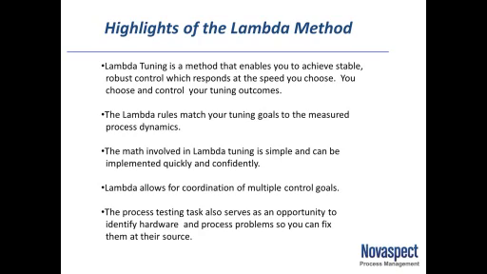The Lambda rules match your goals to the measured process dynamics. Another benefit is the math involved is simple and can be implemented quickly and confidently. One of the biggest benefits is it allows for the coordination of multiple control goals. And finally, the testing task also serves as an opportunity to identify and diagnose hardware and process problems so you can fix problems at their root.